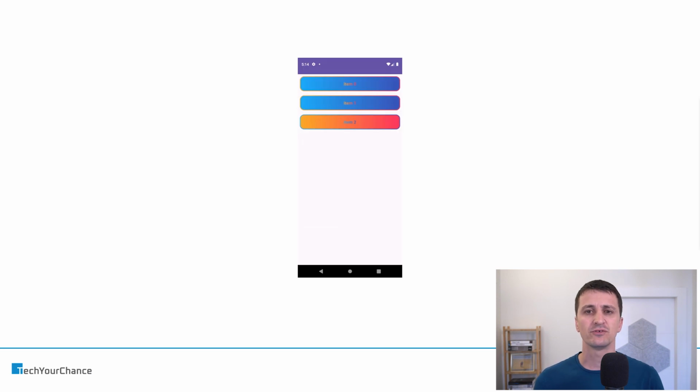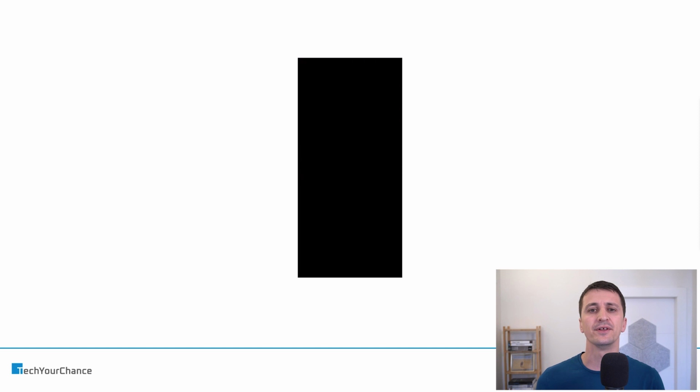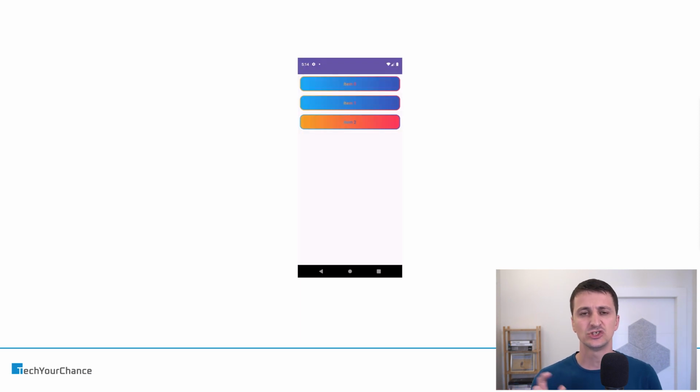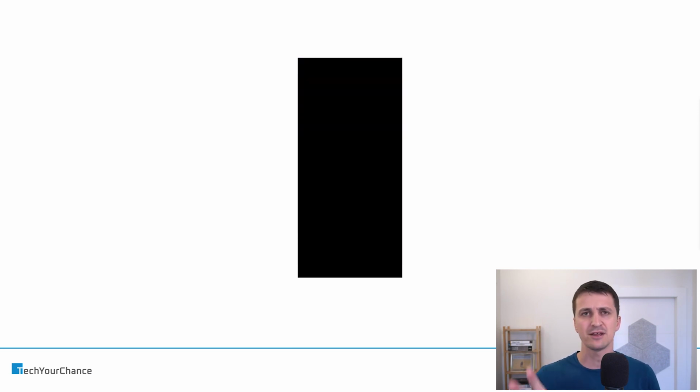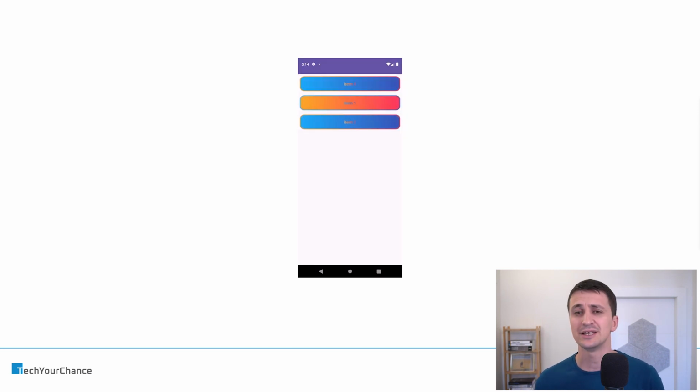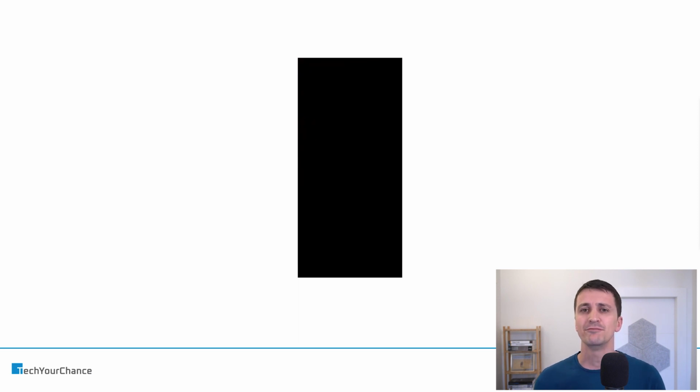In both cases, we have gradients, we have this border, we have a gradient color on the text. And whenever the button changes the state, maybe you can't see that in this GIF, but there's some kind of animation expanding color from, let's say, the center of the button. It doesn't really matter from where the color is expanding. And so that's my first animation that I need to implement using the classical view system.